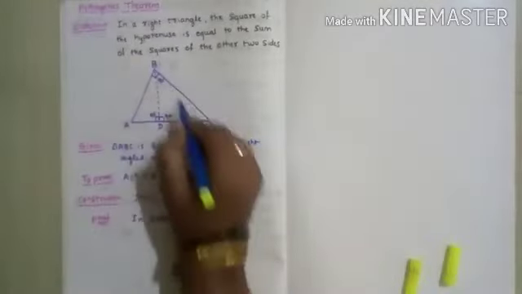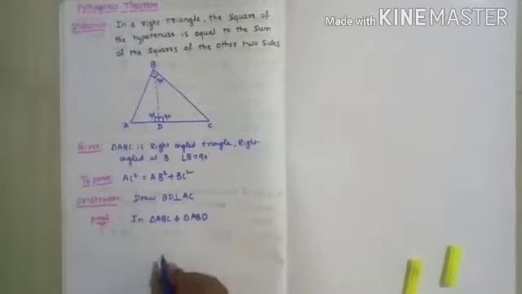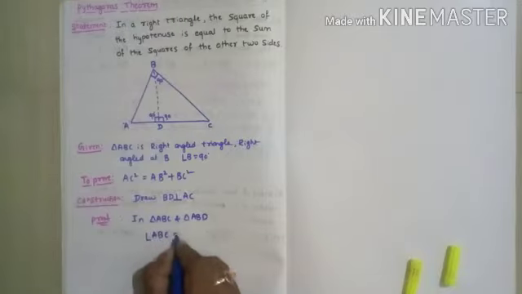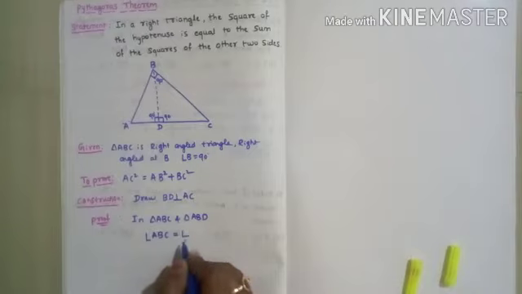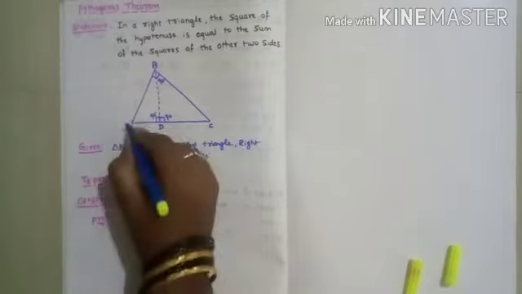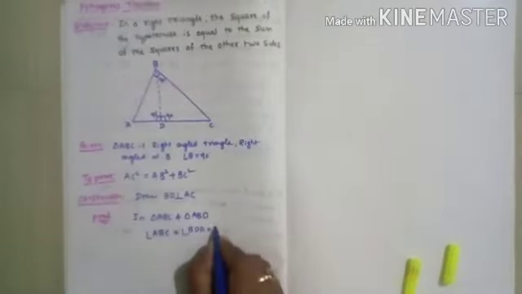In triangle ABC there is a 90 degree angle, and in ABD also there is 90 degrees. So those two angles I can write as equal. Angle ABC in triangle ABC is equal to angle BDA in triangle ABD, which is 90 degrees.